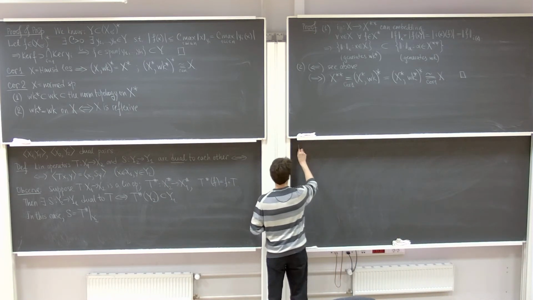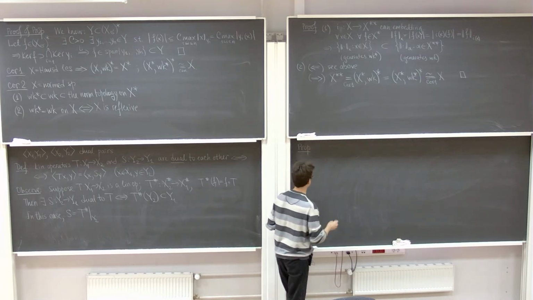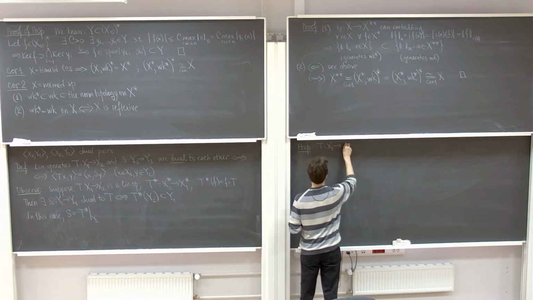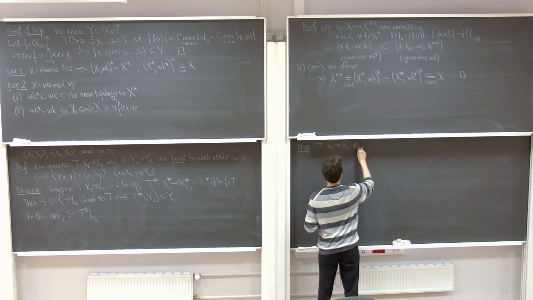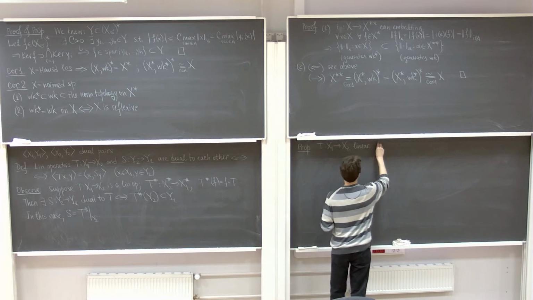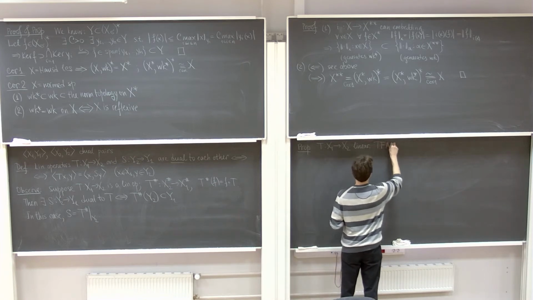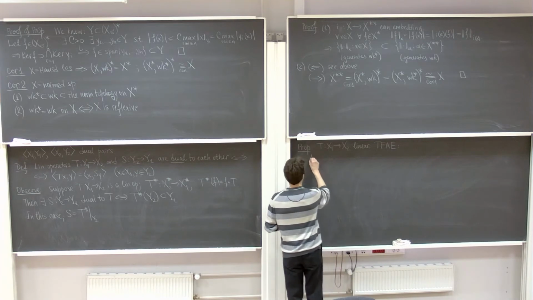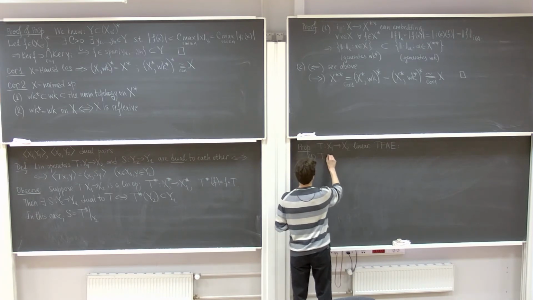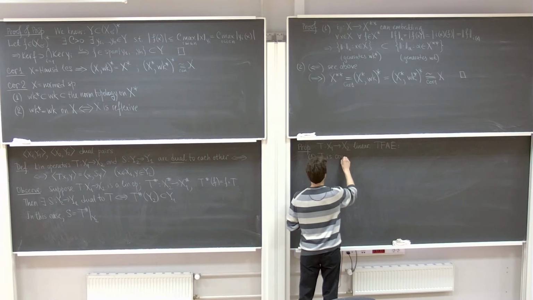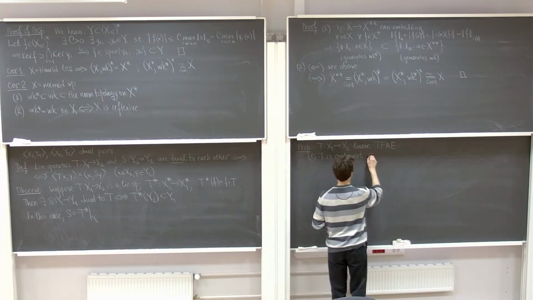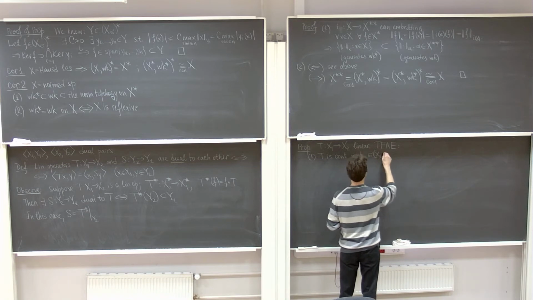So we have the following proposition. As before, we suppose that T is a linear operator from X1 to X2. Then the following conditions are equivalent. Condition 1, T is continuous with respect to the weak topologies on X1 and X2 respectively.